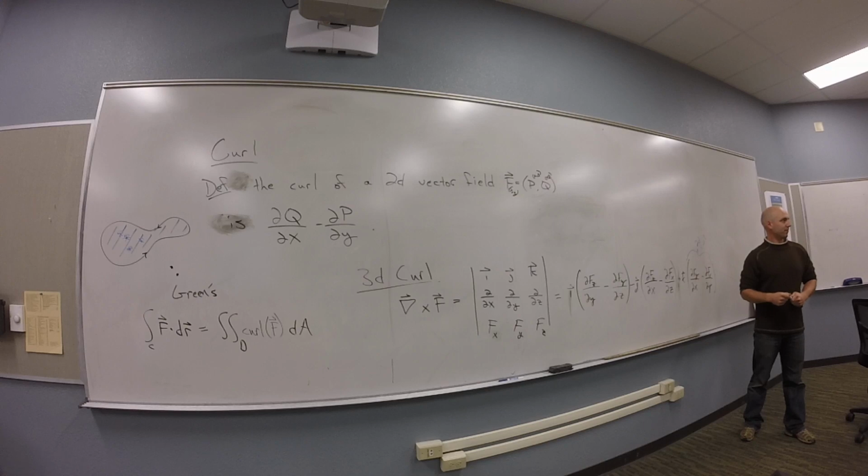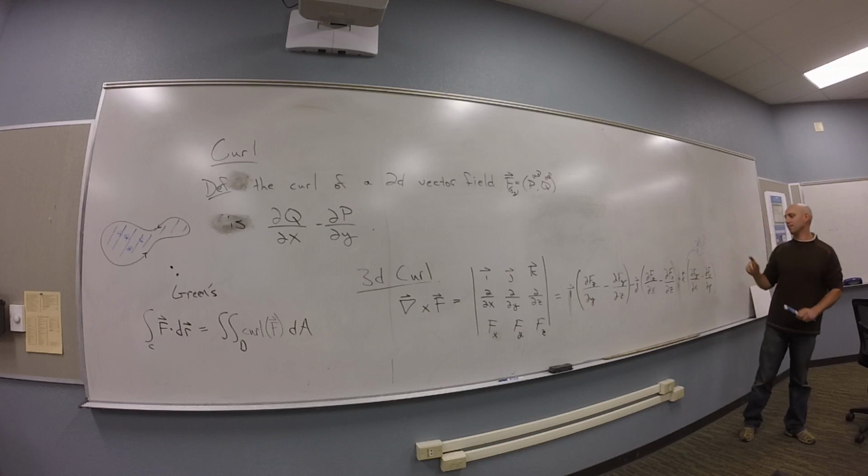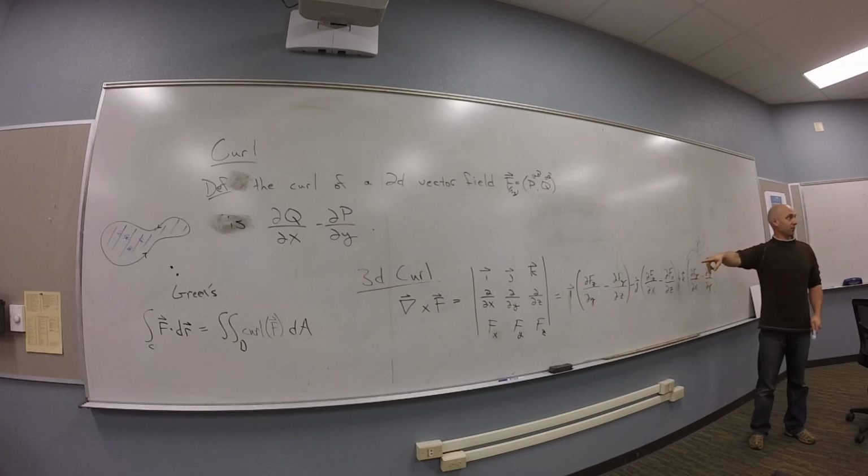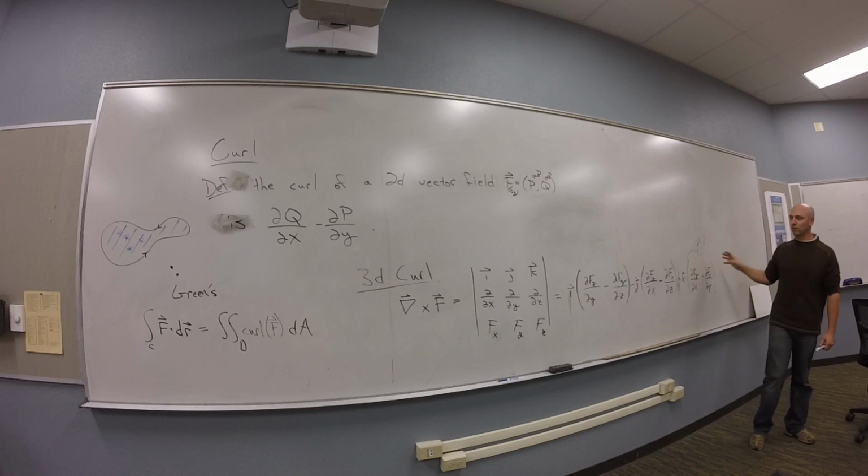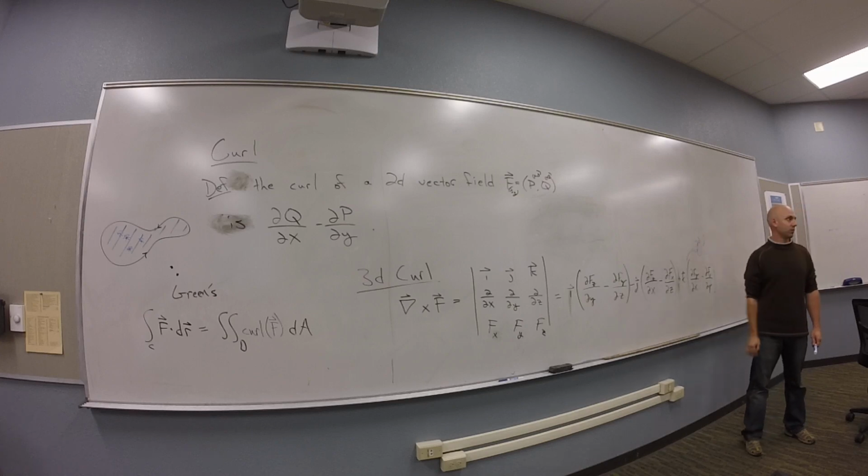Okay, so we'll see why this shows up in Green's when we get to Stokes. Cool. But for right now, what I want you to know is there is a 3D version of curl, and you compute it this way. You just take the gradient and cross it with the vector field you're talking about.